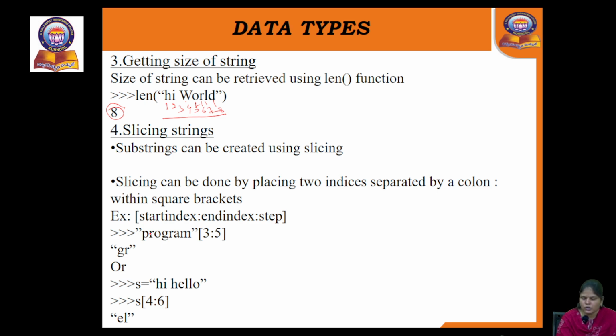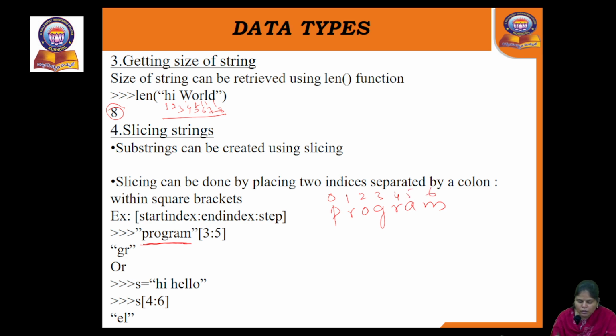Within the brackets you have to mention start index colon end index colon step. Before that I have taken a string, and for this string I want to perform slicing, that means I want to get only a part of it. So the program of 3:5. Whenever I consider the program, the first index is 0, second index 1, 2, 3, 4, 5, 6.